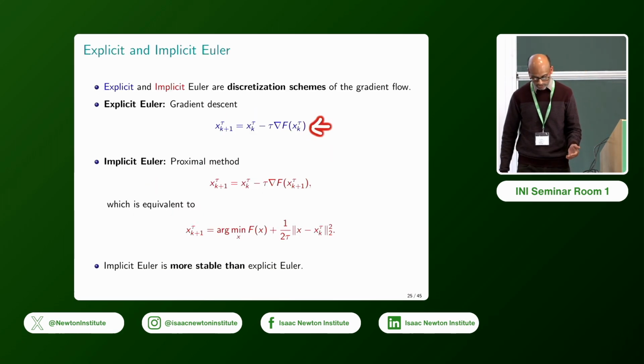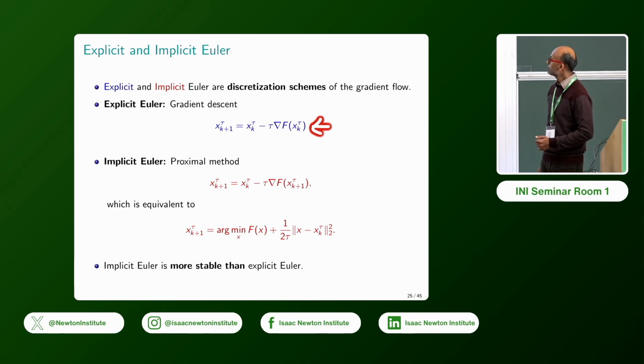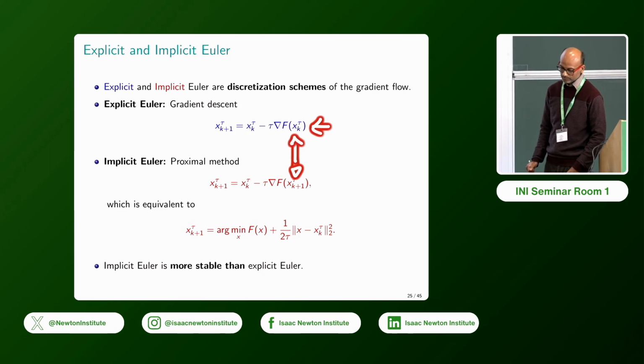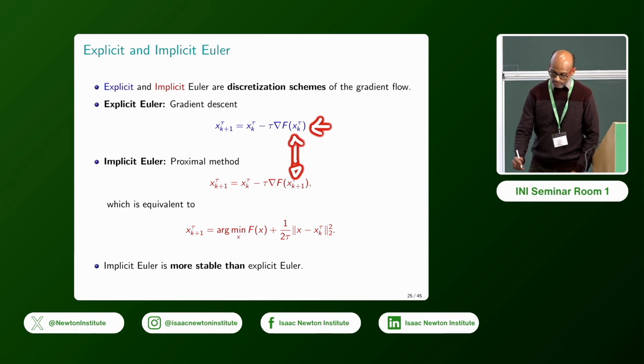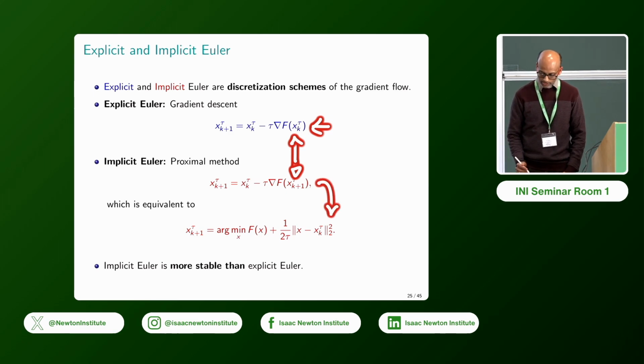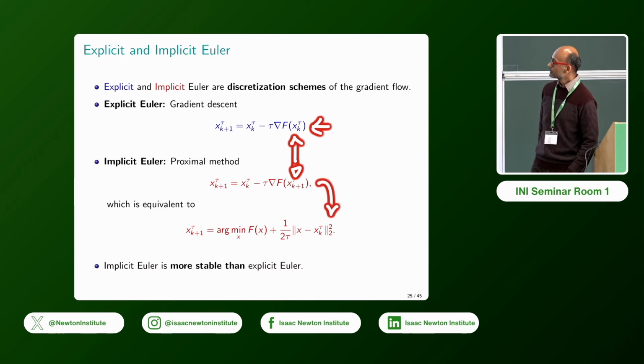So this is called the explicit Euler scheme, and the implicit Euler scheme is the proximal method, where this looks like the gradient descent, but it's computed at the next update. This is the difference between these two updates. In fact, this update can be written as an optimization problem.